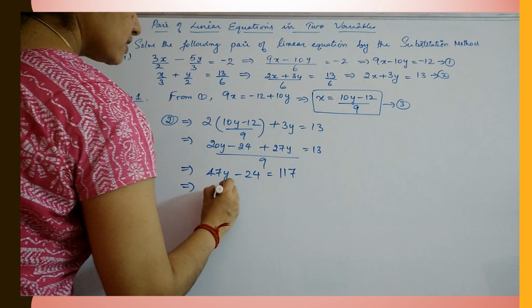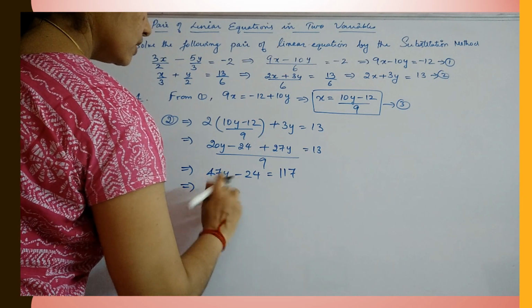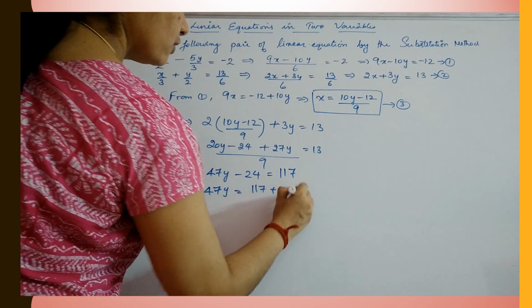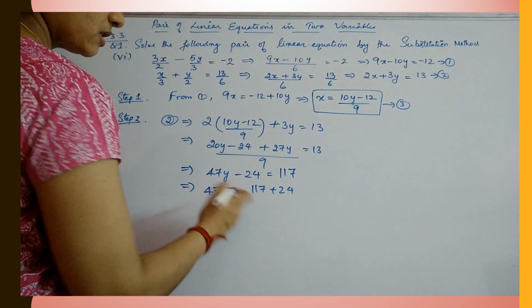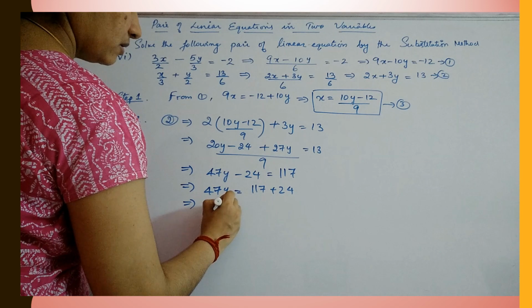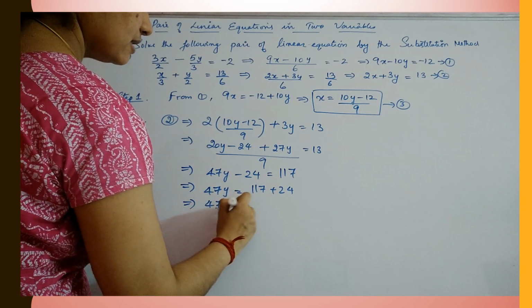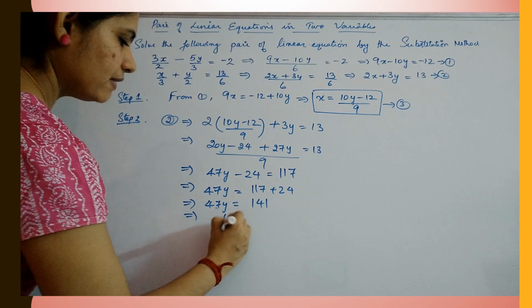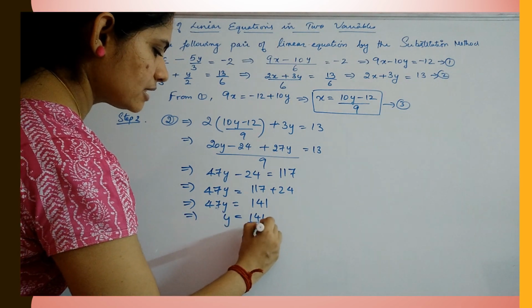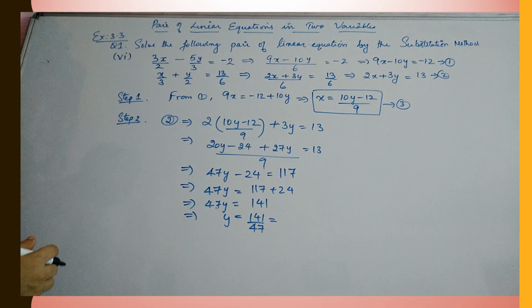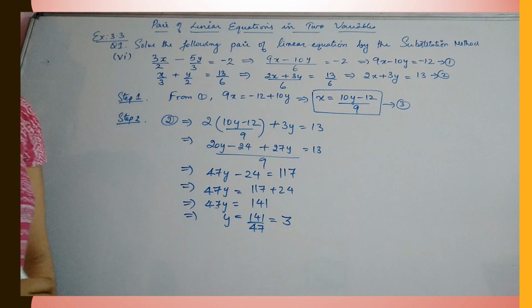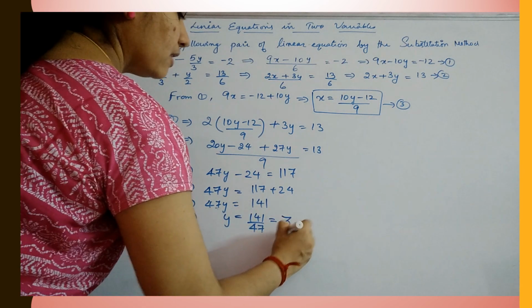Now you will get 47y is equal to 117 plus 24, how much is it? You get 141. That will give you your y value as 141 by 47. What is 141 by 47? Just check, you will get it as 3. 47 into 3 will be 141. So y value you got.